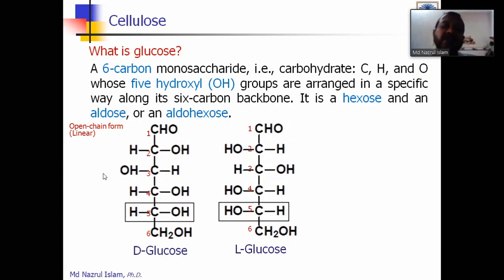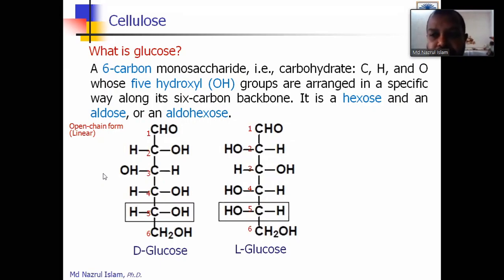Now we are saying both are made from C6H12O6. That is true. Initially we said both are glucose. However, now we see there is a structural difference, and because of that difference, the left hand side we call D-glucose and the right hand side we call L-glucose.